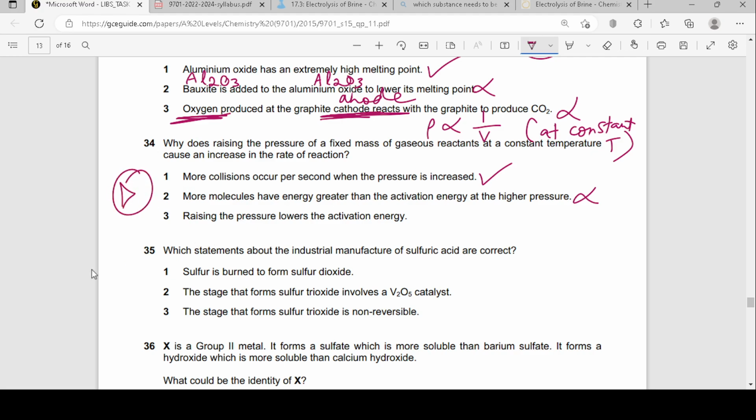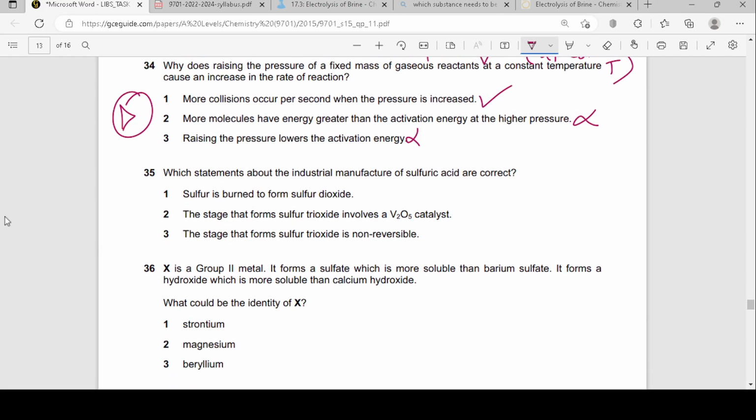But again, if you look at the third statement, raising the pressure lowers the activation energy. That's directly related to statement two. No, obviously not. How can raising the pressure lower your activation energy? Only a catalyst can do that, right? And having energy greater than activation energy can only be done either by increasing temperature or by adding a catalyst. Temperature will lower your peak in a Boltzmann curve, so there's more area on the graph in that sense.